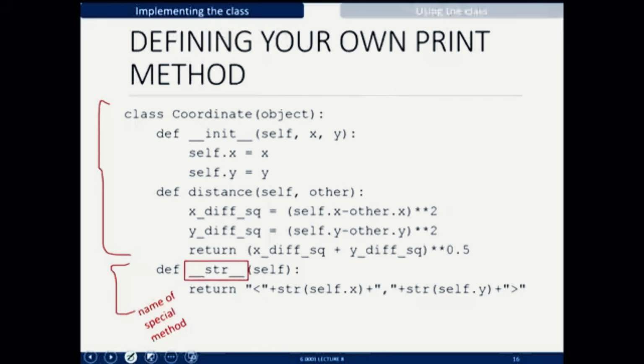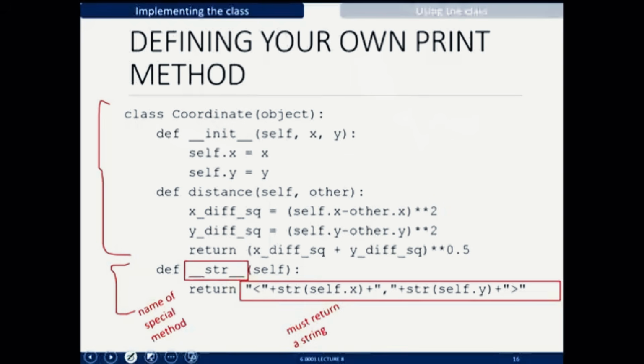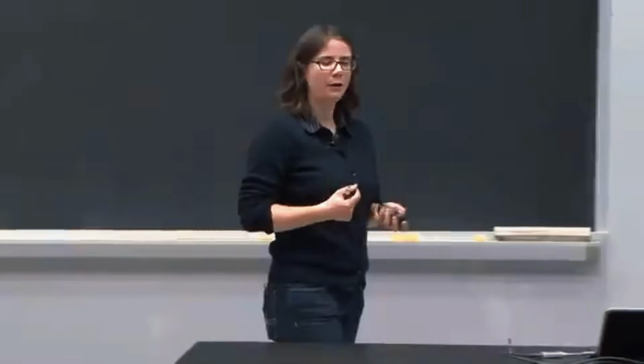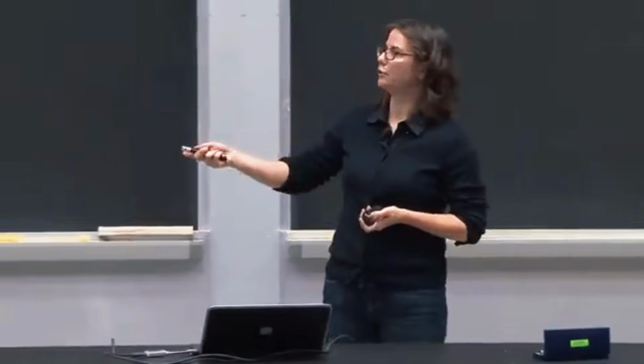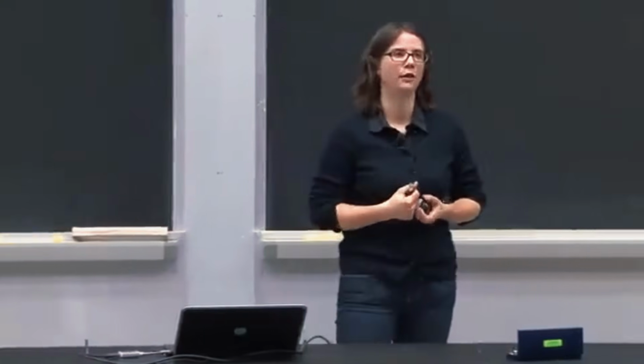In this particular case, we're going to return the string that's the angle bracket concatenated with the x value of the object, self.x, concatenated with a comma, concatenated with the y value of this particular instance of an object, self.y, and then concatenated with the closing angle bracket. So now, anytime you have print on an object of type coordinate, you're going to call this special method str if it's implemented in your code. Any questions?